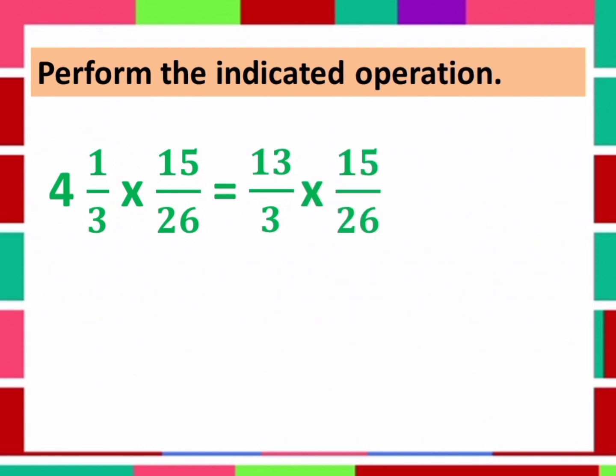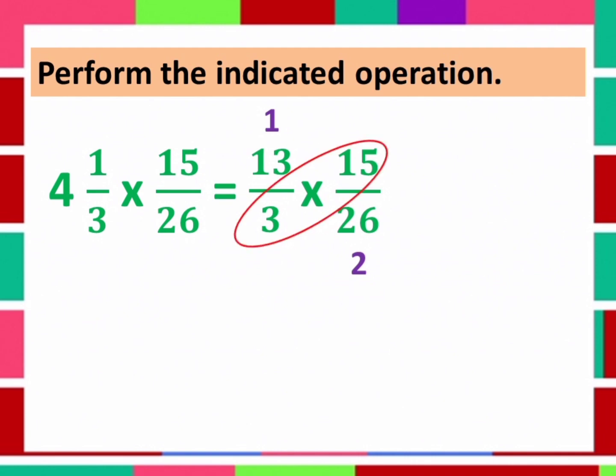So, as you can see, 13 and 26 have a common factor. So, 13 will become 1 and 26 will become 2 because the common factor of 13 and 26 is 13. And 13 divided by 13 is equal to 1. And 26 divided by 13 is equal to 2. Next is the 3 and 15. As you can see, they have a common factor also.